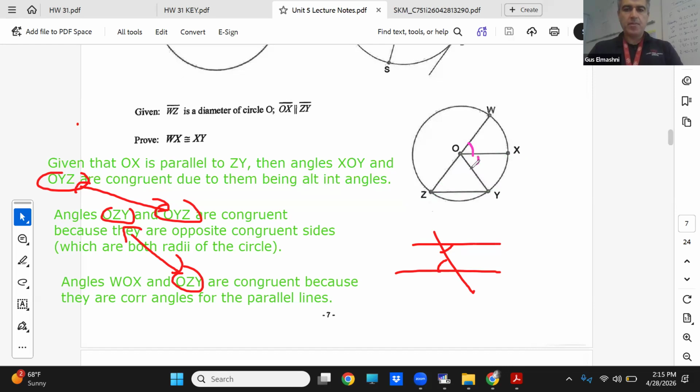If OYZ is the common angle for the first two statements we made, OZY is the common angle for the second and third statements we made. What does that tell me about XOY and WOX? They're going to be congruent. It's all by substitution. So WOX is congruent to XOY by substitution.